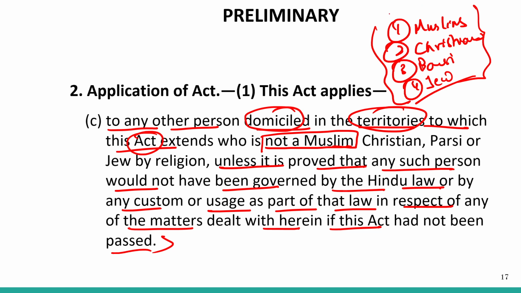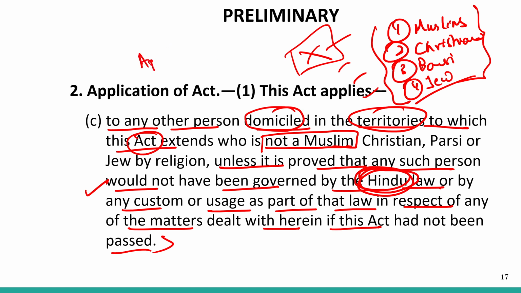But if there is any person who is domiciled within the territory of India, and it is shown that the laws in regard to the Hindus are being followed as a matter of their customs, usage, or part of their laws, then that person will also be governed by the Hindu Marriage Act. Meaning, for these four communities, Muslims, Christians, Parsis, Jews, it is not applicable, understood.